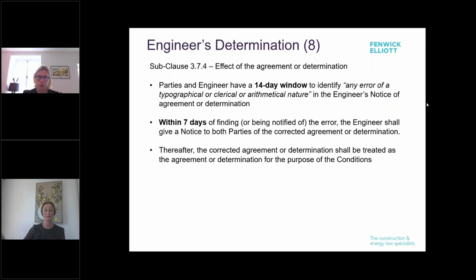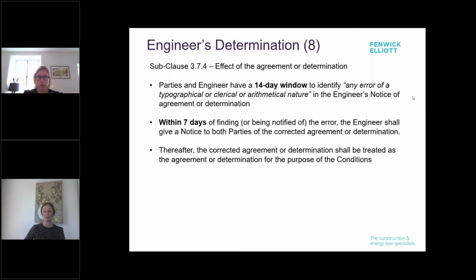So subclause 3.7.4 sets out the effect of the agreement or determination. And essentially this provides for circumstances in which either the parties or the engineer identify that there's an error in the engineer's agreement or determination. So there's a 14-day window to identify any error, and it's not aimed at the large errors, it's aimed at errors of typographical, clerical or arithmetical nature.